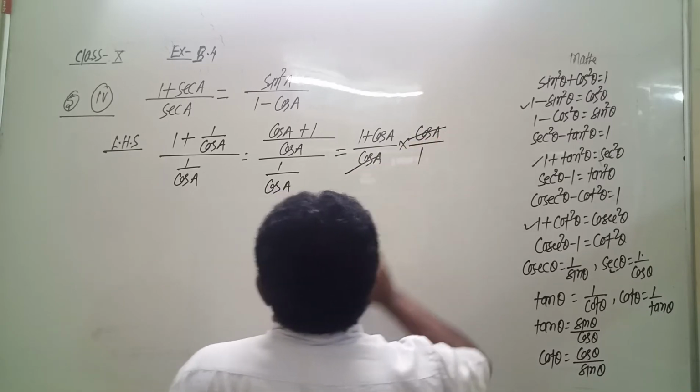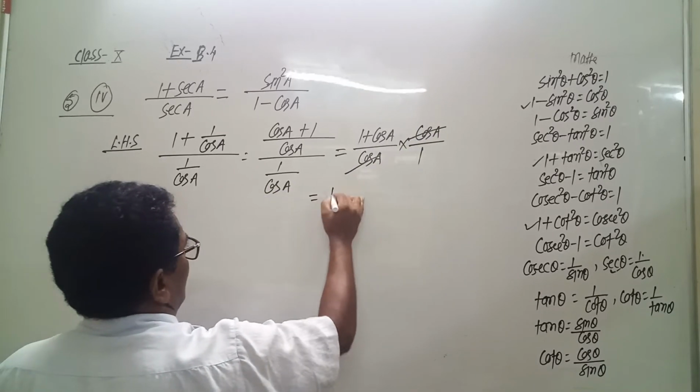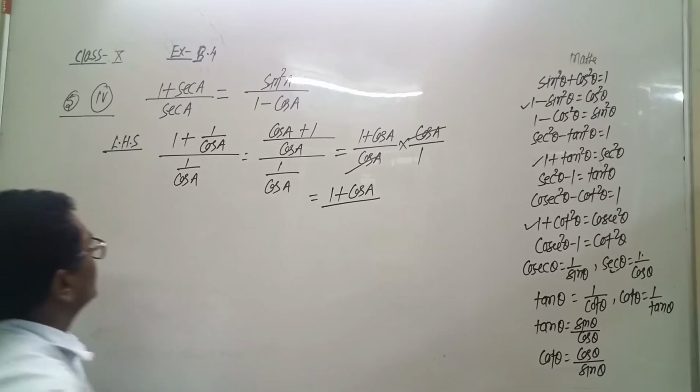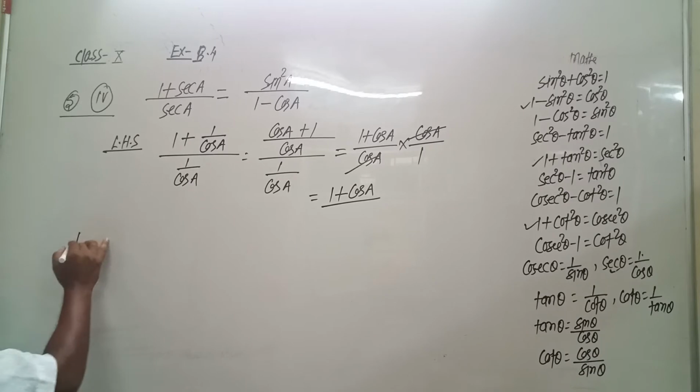So cos A and cos A get cancelled, and the LHS comes to be 1 plus cos A. Now we solve RHS.